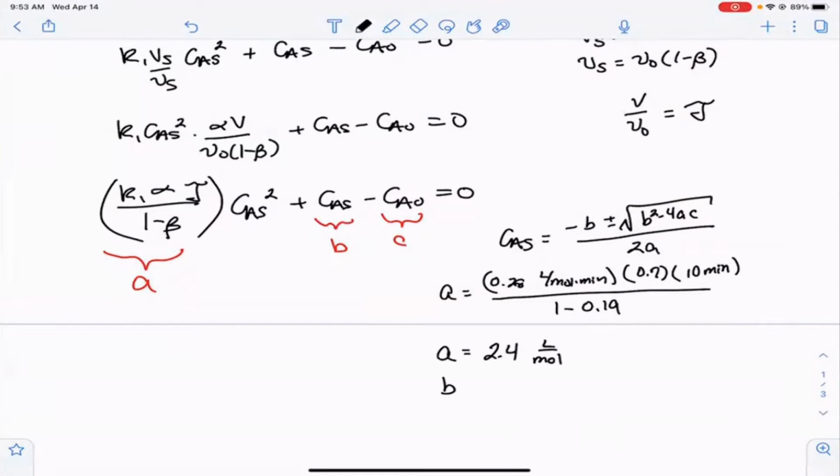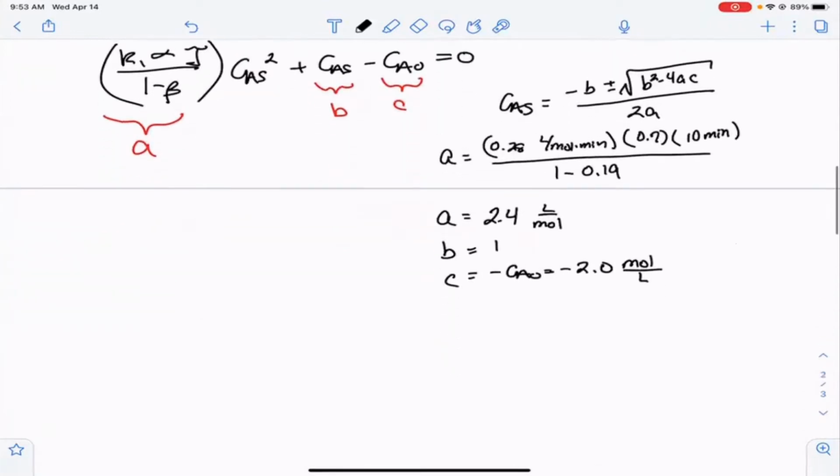Okay. And now B, we can actually read right off of our plot. So B is equal to 1, right? The coefficient in front of CAS is just equal to 1. And C here is just minus CA0, which is minus 2.0 moles per liter. Okay.